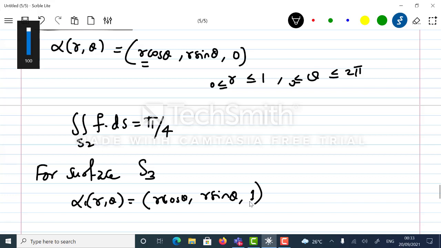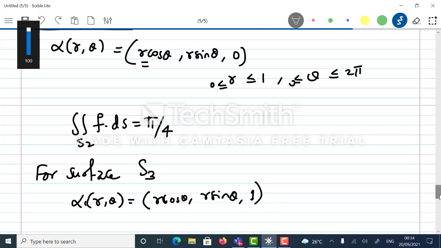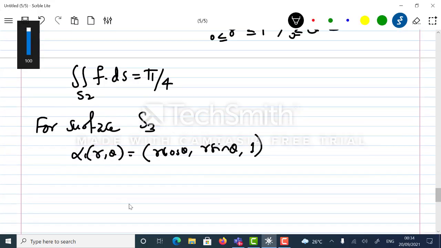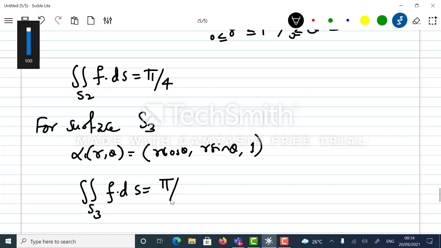For the surface S3, it has been shifted above. Again if you calculate the surface integral, that will turn out to be pi by 4.